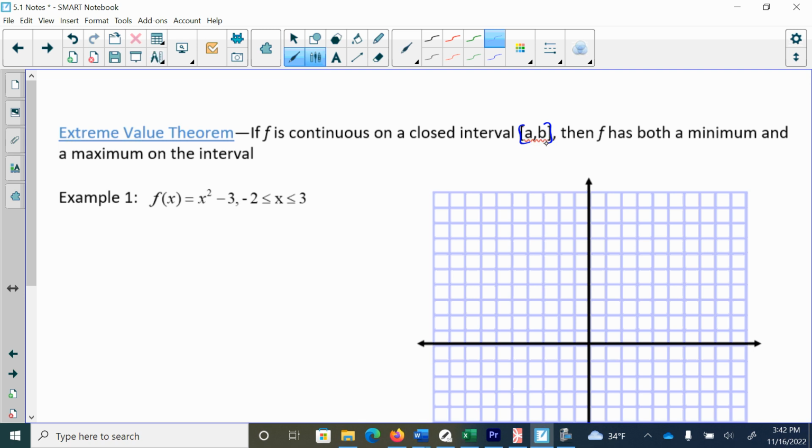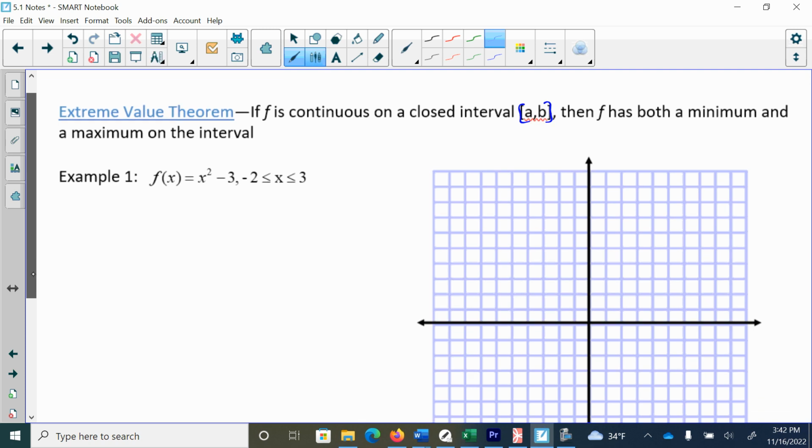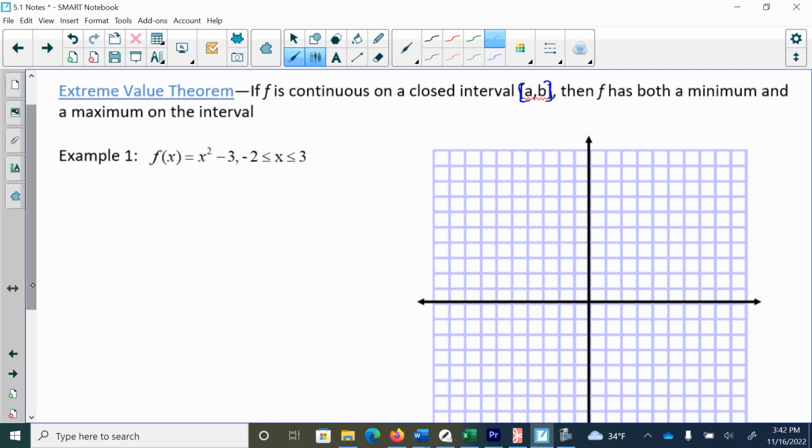The graph that they gave us is f of x is equal to x squared minus 3. We're going to plot that graph. I know my vertex is at -3. If you're not sure how I'm getting these values, you could do an XY chart where your x would be, let's say, -2, -1, 0, 1, 2.